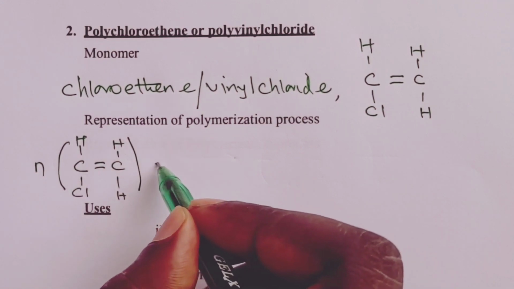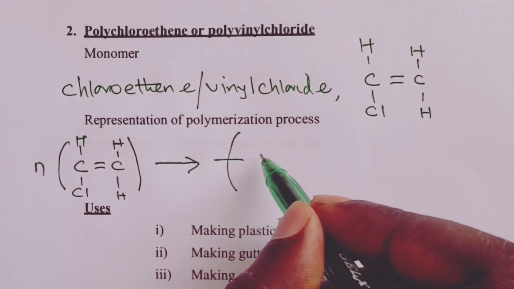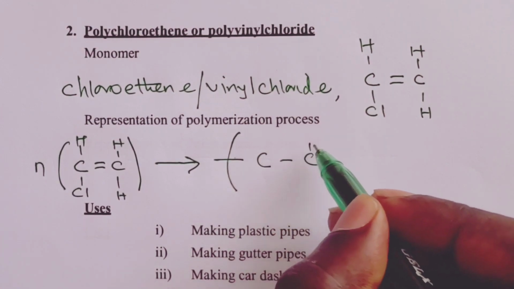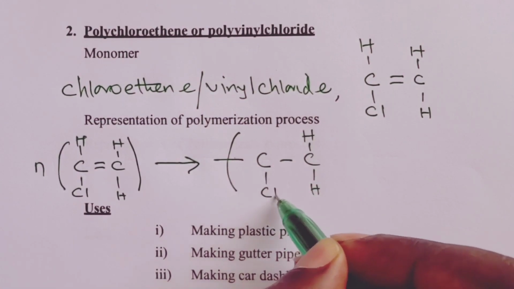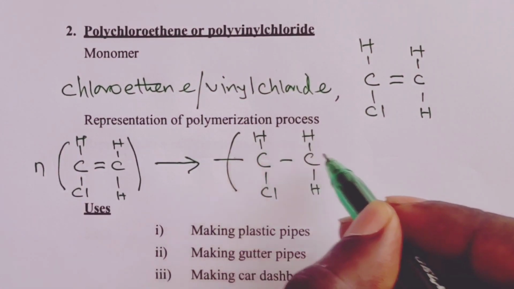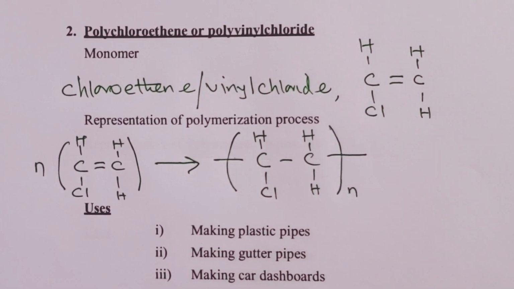So here we are, representation of the polymerization process. We'll have this kind of an arrangement. Again, the polymer should have number of carbons that are multiples of your monomer. That becomes the representation.